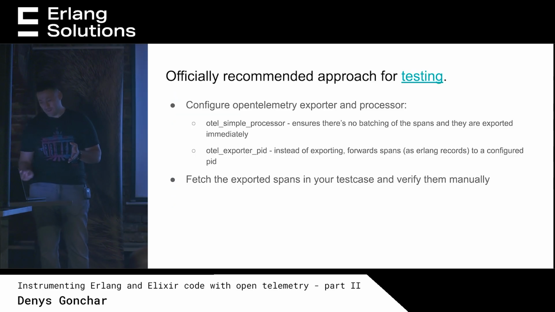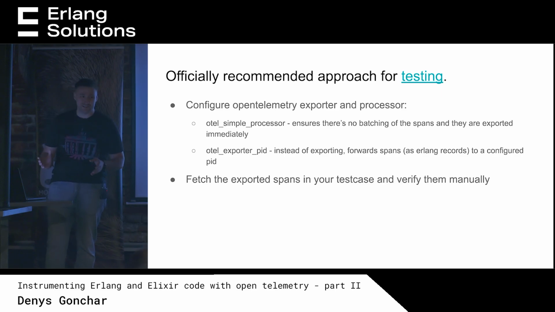And the official way the framework recommends you test your reporting is switching to a simple processor in a configuration. That's important for us because normally spans are reported as batches, and you need to wait for the batch to collect before you can process it.